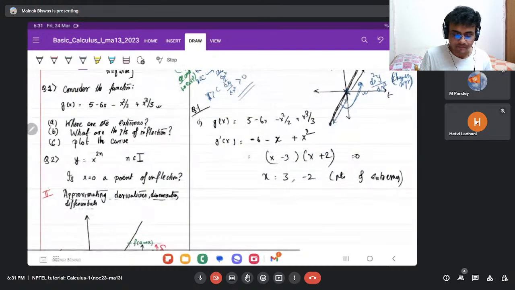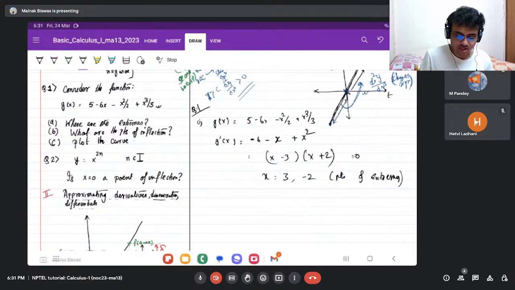So now you tell me, we can also do a second derivative test and see which is a positive number and which is a negative quantity. But without that, what do you think, which extrema is a maxima and which is a minima? We'll also need to do g double prime x. Let's keep that in hand.